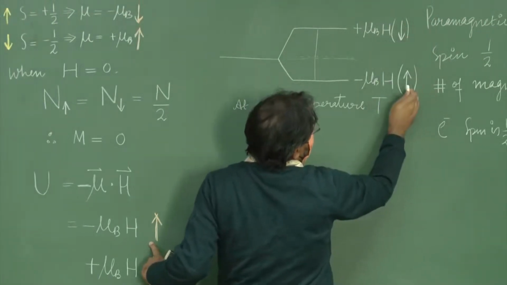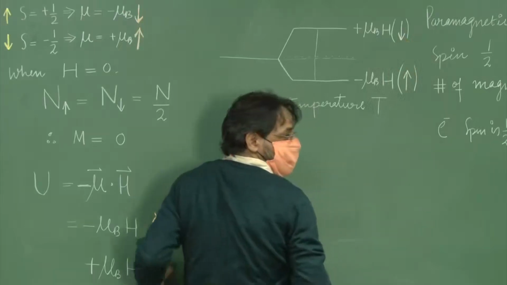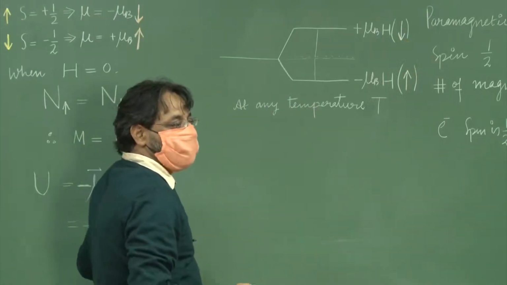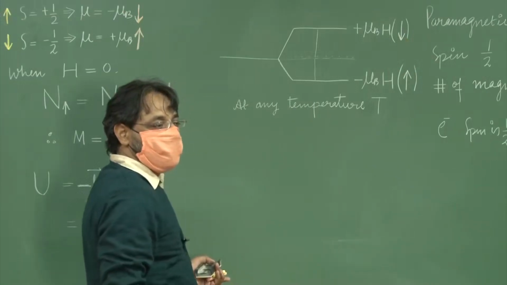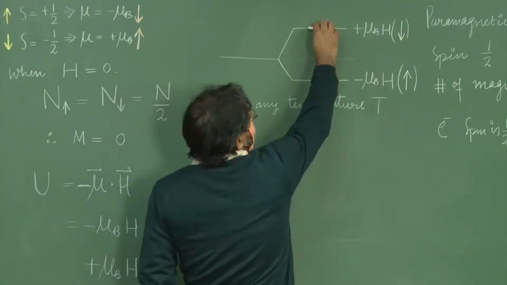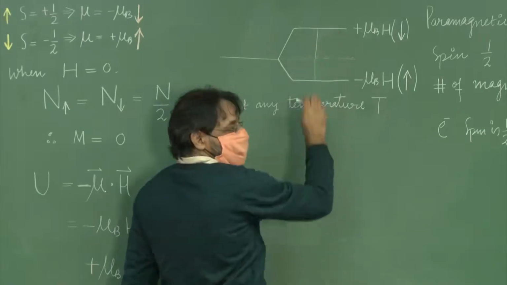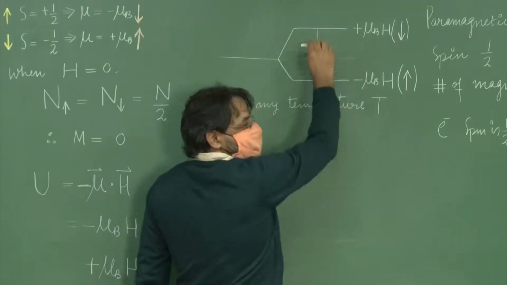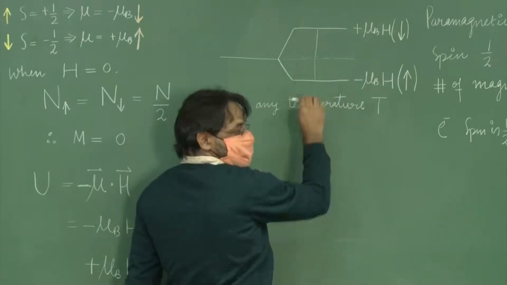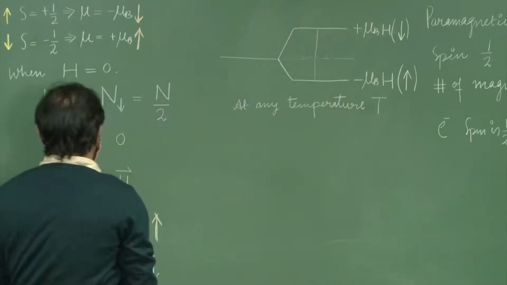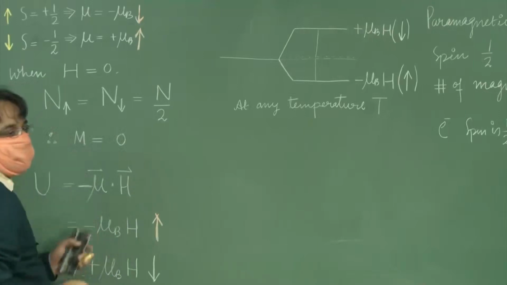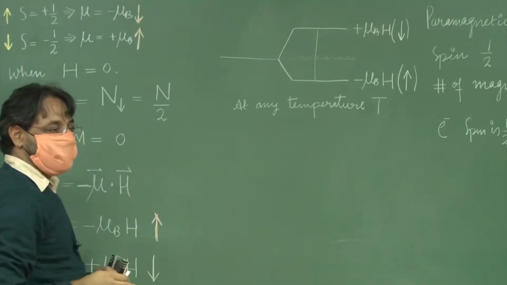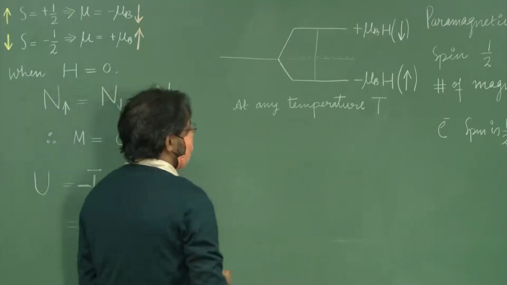These are aligned with the magnetic field, these are anti-aligned. And when the temperature is very high and the field is not very strong, then you will have a fairly large number of sites found in this state as well as in this state, right? So you are not very different from this situation if the magnetic field is not very strong and the temperature is not too low. Okay, you will see that in a minute.